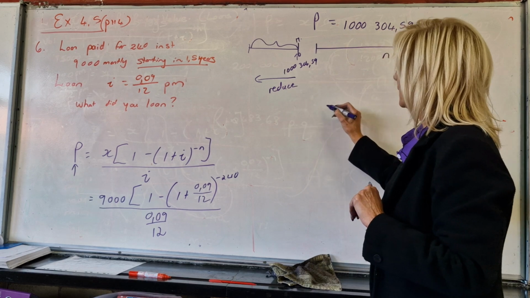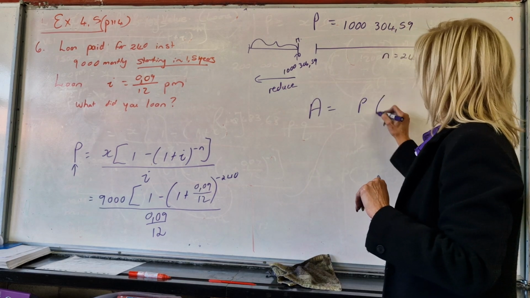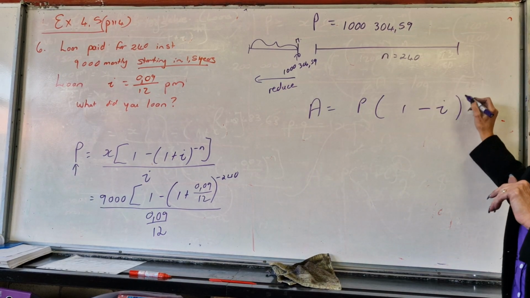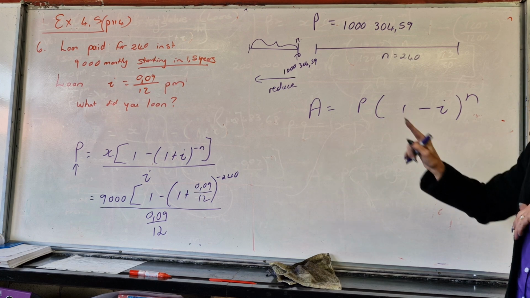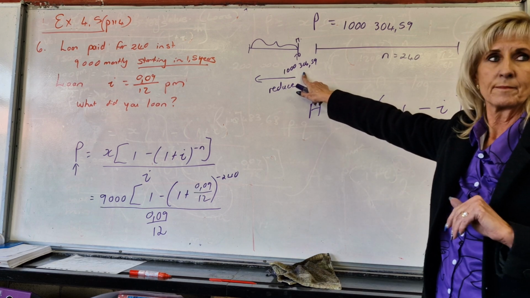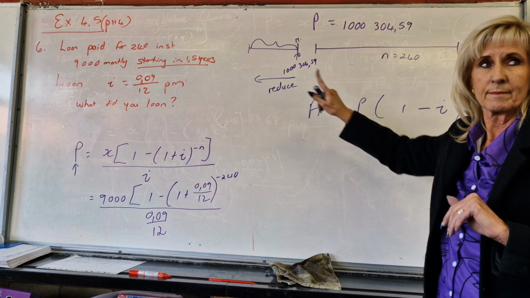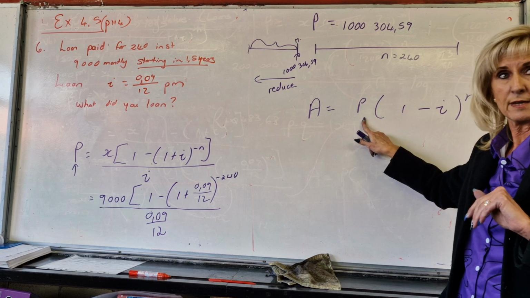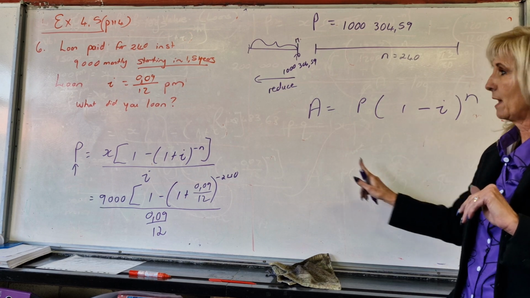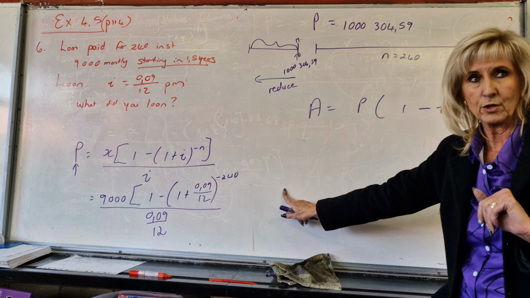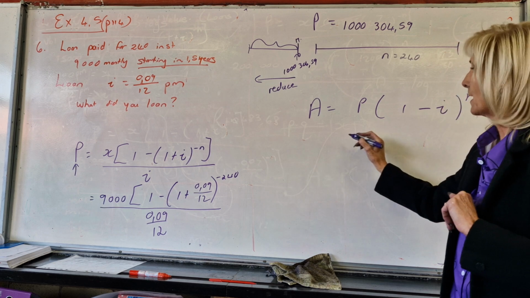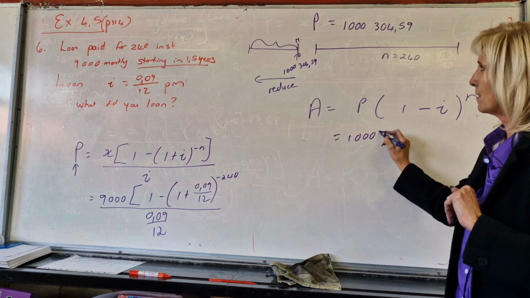Okay, so that's going to mean, are you with me here? Yes. This is the P value that's got to reduce, and this will be less. Are you with me here? So that will be 1000.